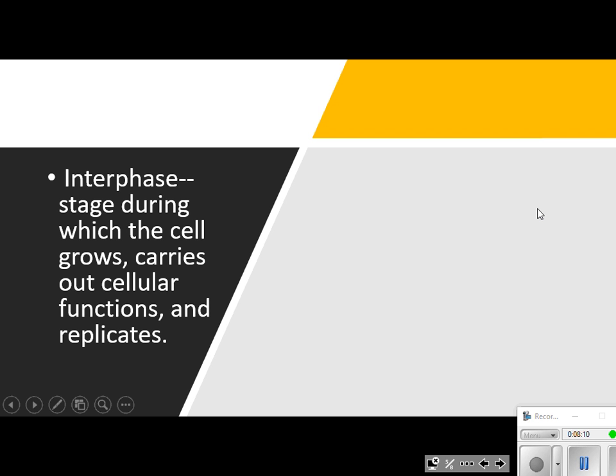Making a copy. So what you're going to see here is during this interphase, what is being replicated is the chromosomes. Okay? The DNA from the nucleus is being replicated. So this interphase is going to be a big, big part of the cell cycle.